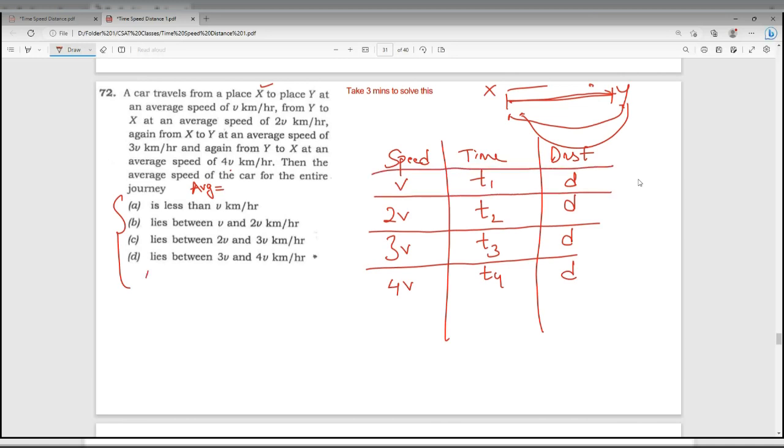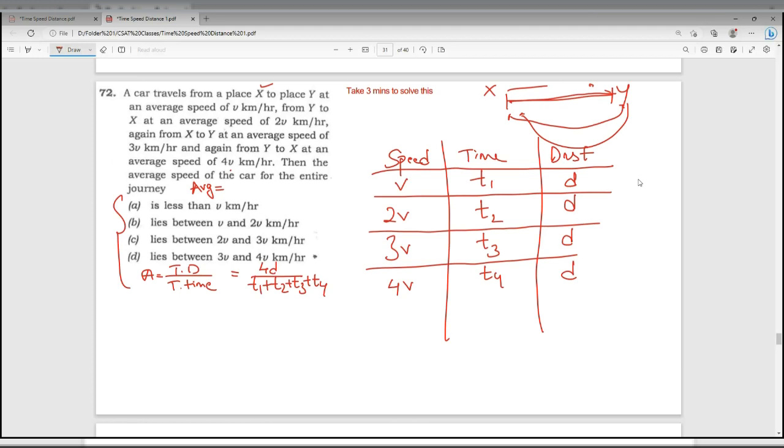So we have average speed is equal to total distance upon total time taken. Total distance is d plus d plus d plus d, that is 4d, and total time taken is t1 plus t2 plus t3 plus t4.